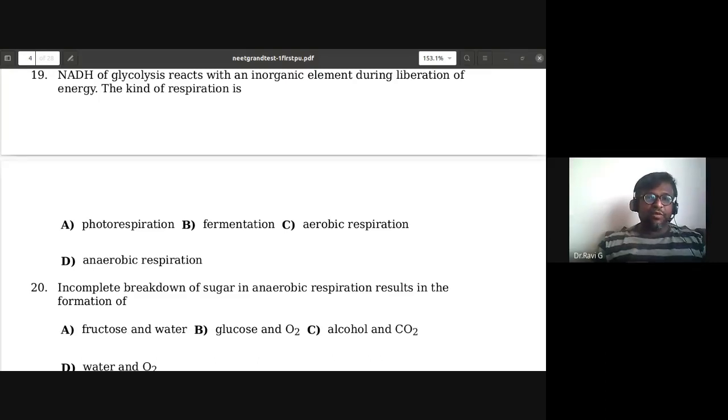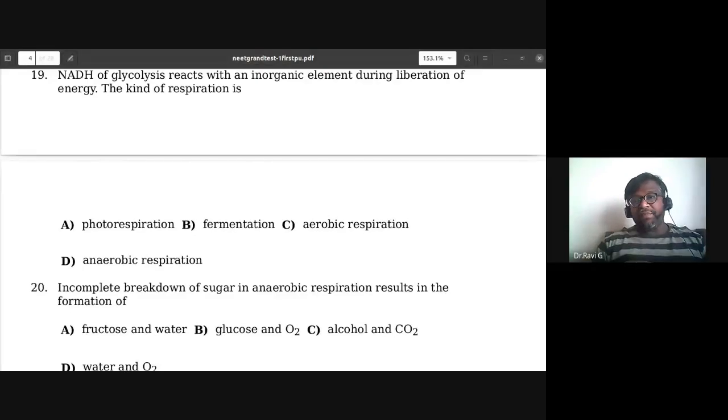See, the answer is aerobic respiration, but you should understand why. When is energy liberated from energy rich molecules? Adya, can you answer? Adya or Geetika? When is energy going to be released from energy rich molecules?